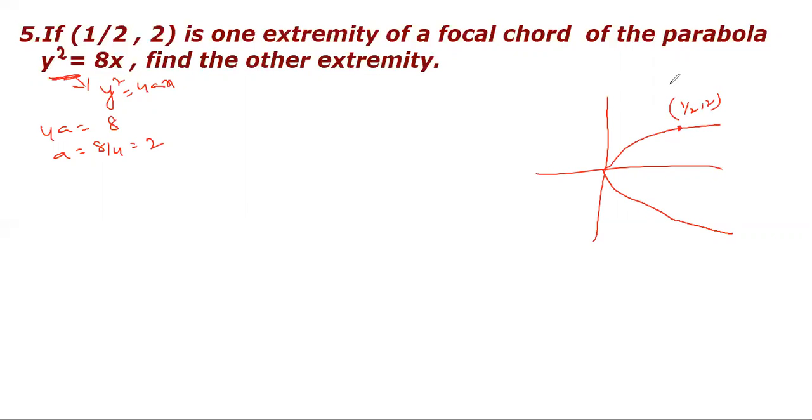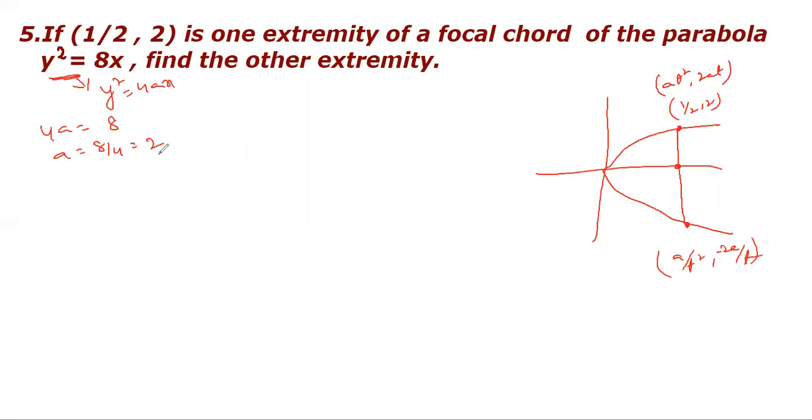I take this as the first point, at squared comma 2at. The other extremity of the chord, we call this a focal chord because it is passing through the focus, and this point is 1 by t square comma minus 2 by t. We need to find the t value.